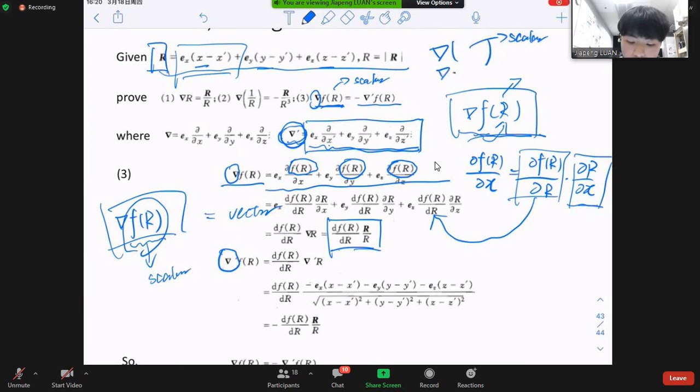And if you take the divergence of something, then you need to know this is a vector. And sometimes the question will not tell you whether this is scalar or vector. You have to get this message yourself. Okay, and also the curl of something, then this is also a vector, right?